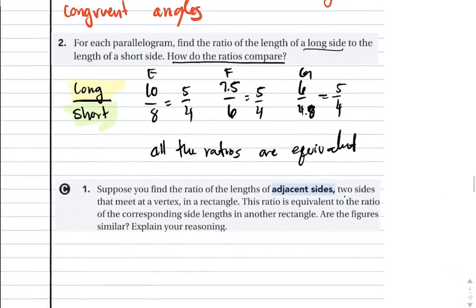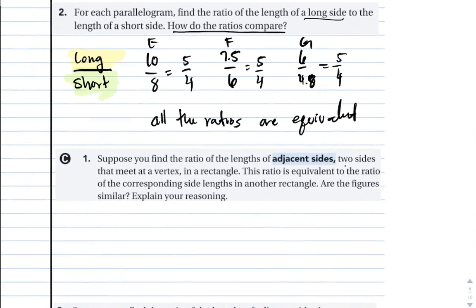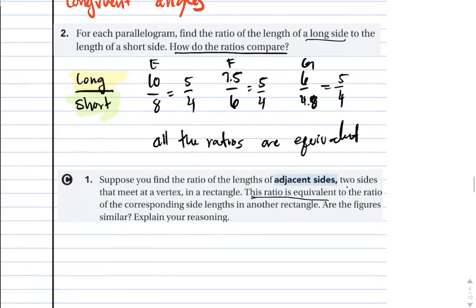Okay. Now suppose you find the ratio of the side lengths of adjacent sides, where two sides meet a vertex, in a rectangle. This ratio is equivalent to the ratio of the corresponding side lengths in another rectangle. Are these going to be similar? Okay.